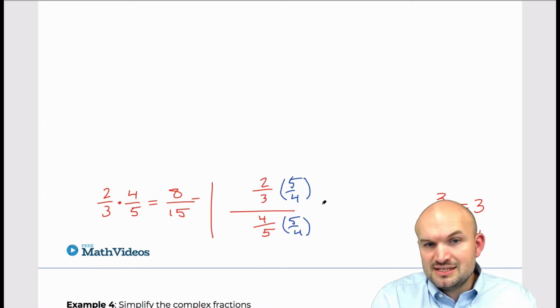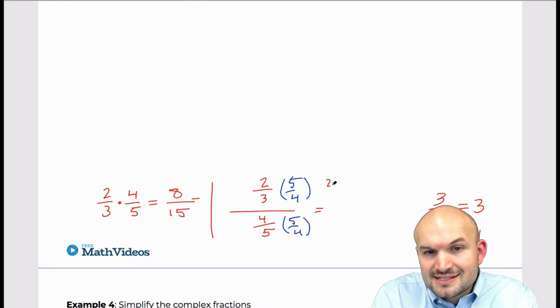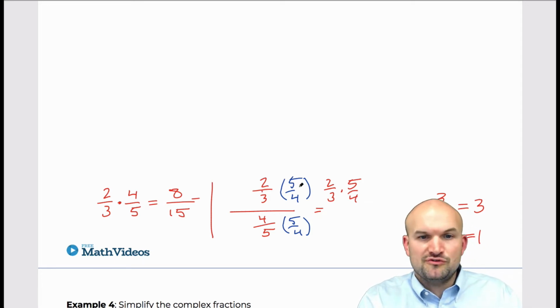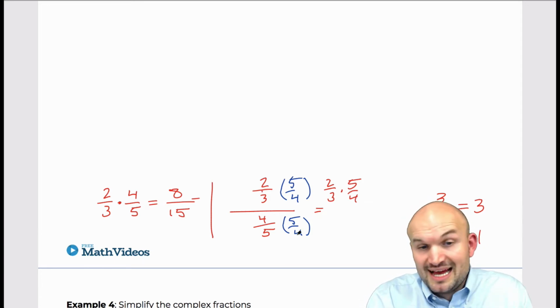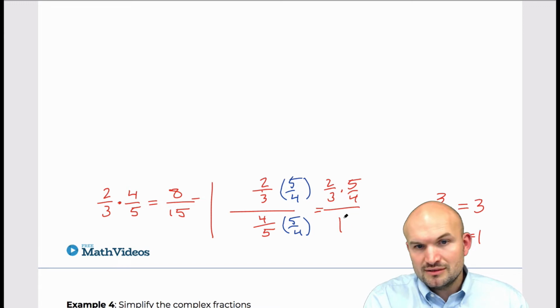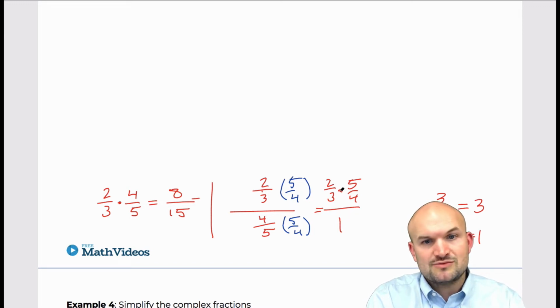And then what you see is this now produces the product of 2 over 3 times 5 over 4. So that is why we say, when you're dividing fractions, you flip and multiply. Really what this gives us is just the fraction divided by 1, but that's why we're flipping and reciprocating with division.